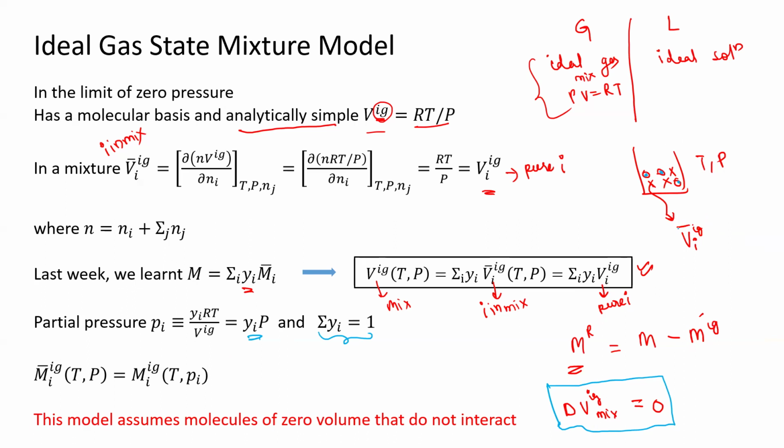This V_i^IG bar is the... So this species has a pressure of P_i, which equals y_iP. So V_i^IG bar is similar to V_i^IG at T, P_i.